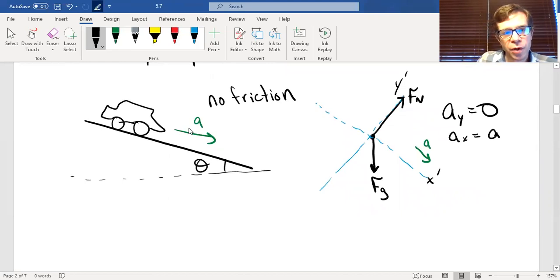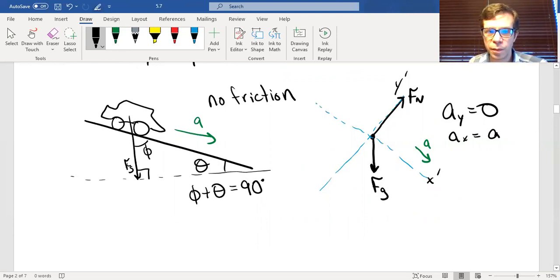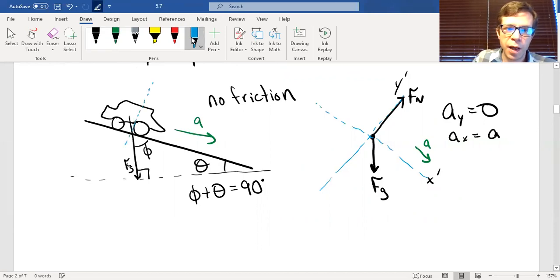If we look at the geometry here, if I think about the vertical direction here that the gravity would be pointing in, well, this is the horizontal, so that makes a right triangle. That means this angle phi is complementary to theta, means they add up to 90 degrees. All right, but now if I look at my tilted coordinate axis that we know is perpendicular to the ramp, well, now that's a right angle.